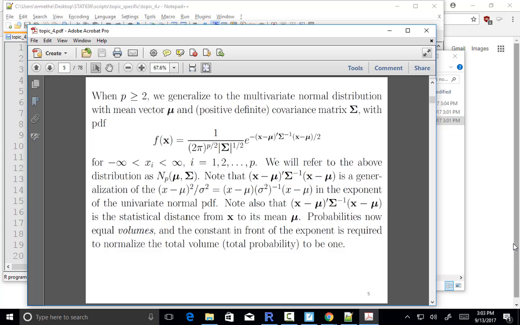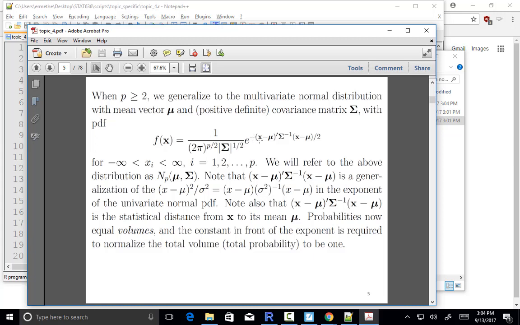So what we've seen last time and this week is the multivariate normal. This slide 5 has the probability density function. It's a generalization of the univariate normal. And remember, we've got a constant out front and then an exponent term.